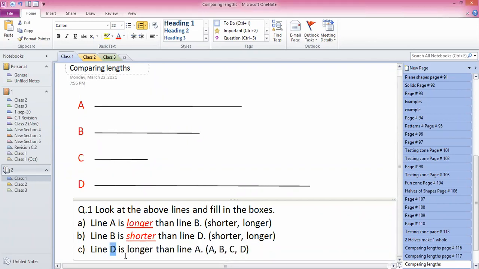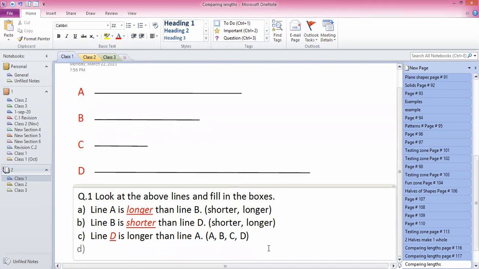Line D is longer than line A. Now we will write D. What is D?